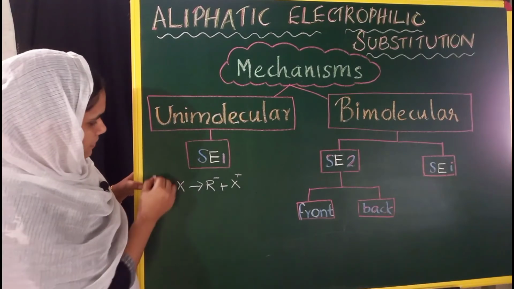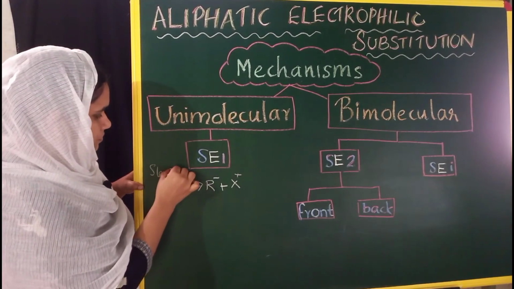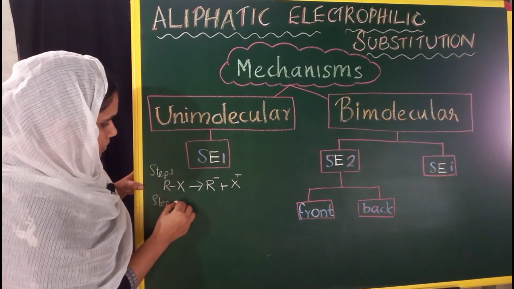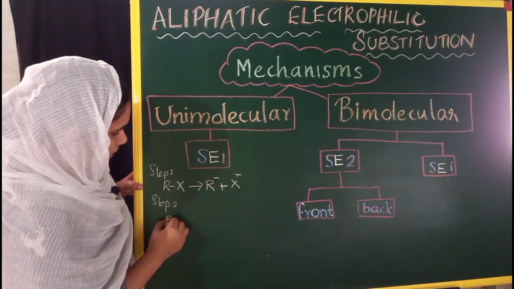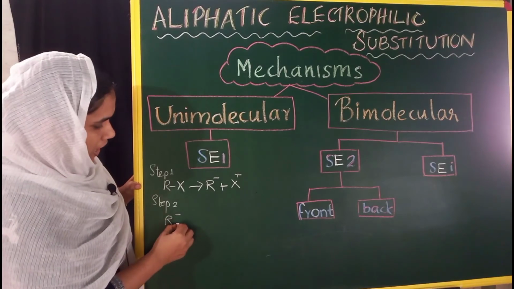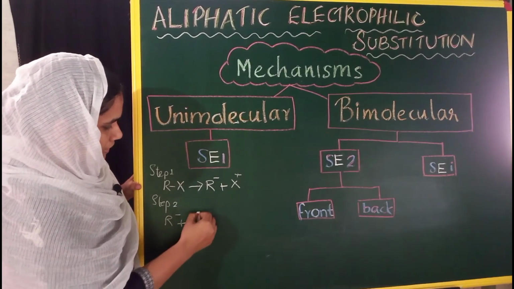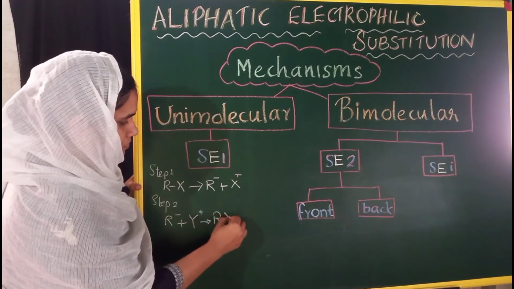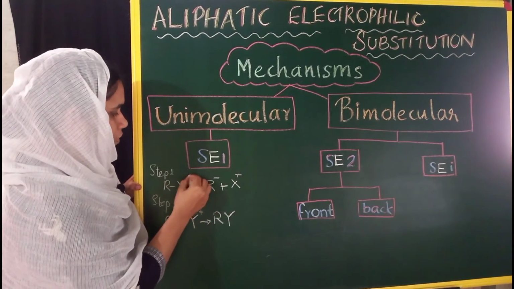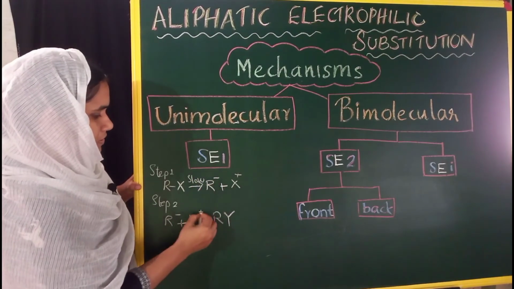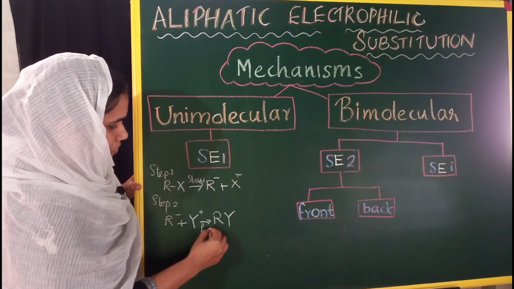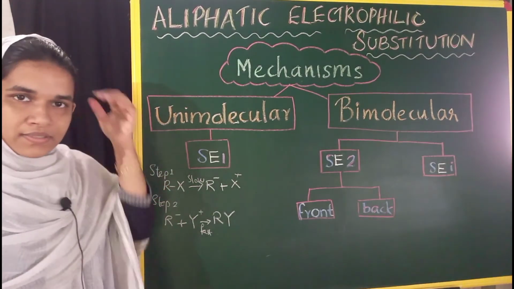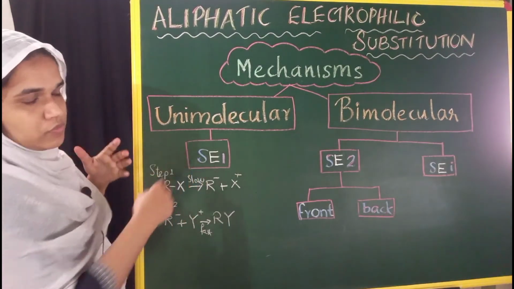This is step 1. Then step 2 is fast recombination of this R minus with the electrophile Y plus to give RY. Step 1 is the slow step, since step 2 is the fast recombination step. Since the slow step depends only on the concentration of RX, it is unimolecular.